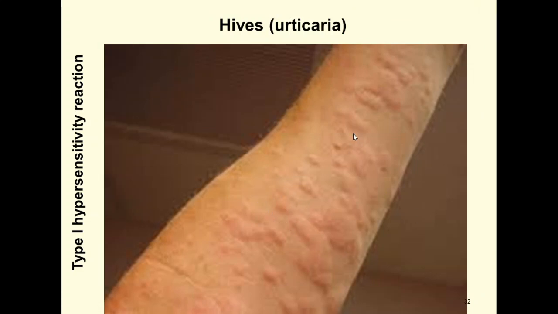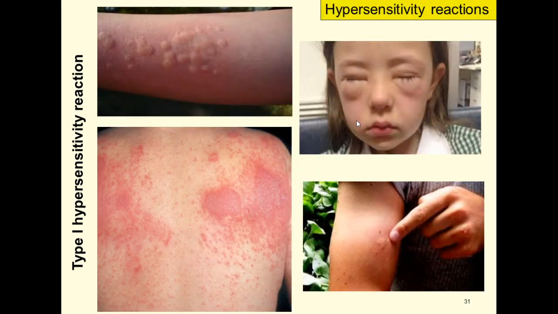Hives or urticaria. Oh, one more. Here you see the changes on the face, especially under the eyes and actually the whole face. If not only the face but also the neck is involved, we can name this process Quincke's edema.